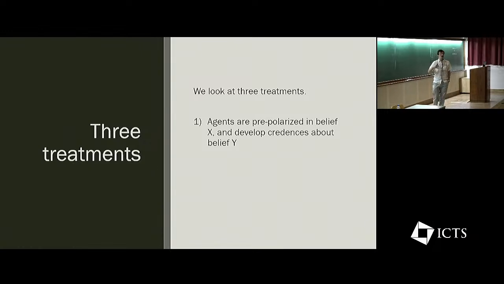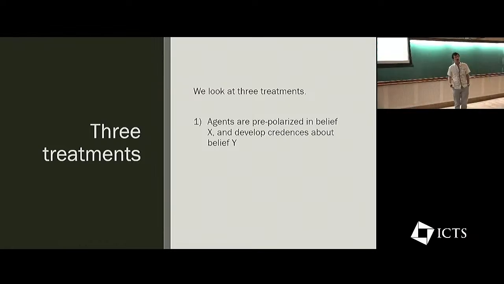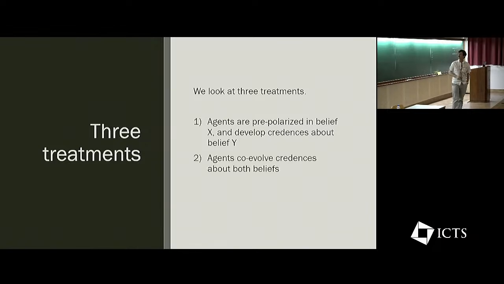And now there's a new question that arises. You're trying to learn about some new issue. And we're asking, if I use not only the other agents' distance on this new thing, but also my distance to them on the old thing, how is that going to affect how beliefs form?